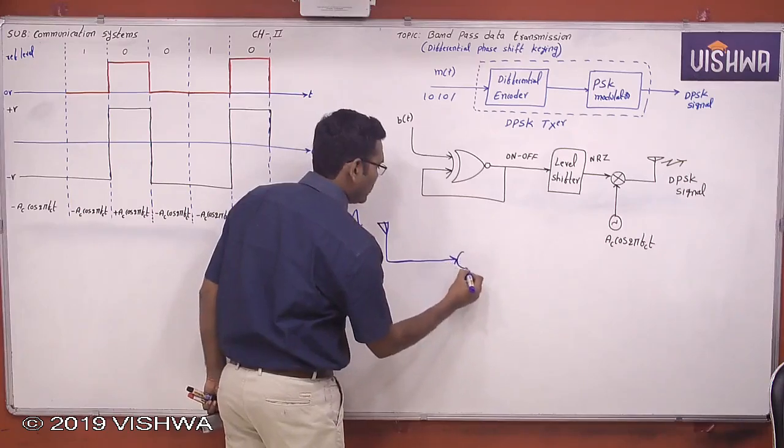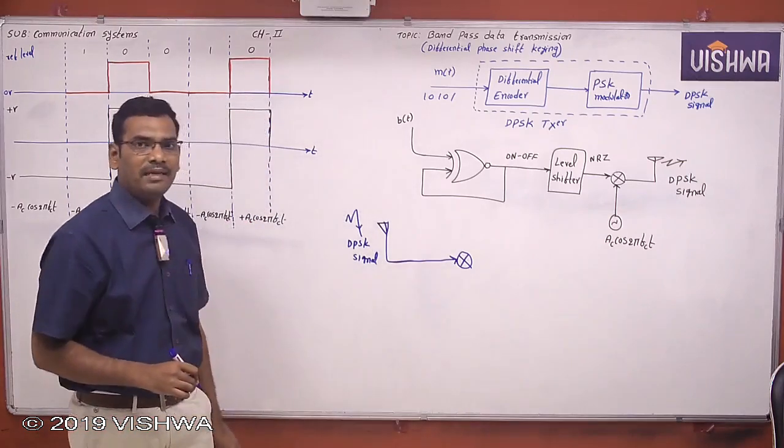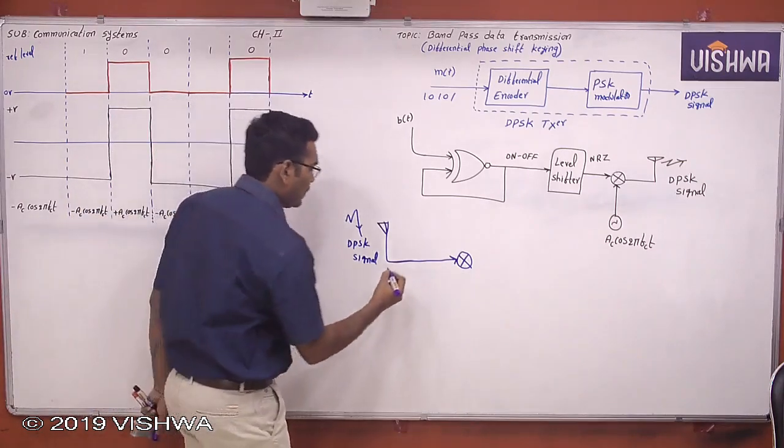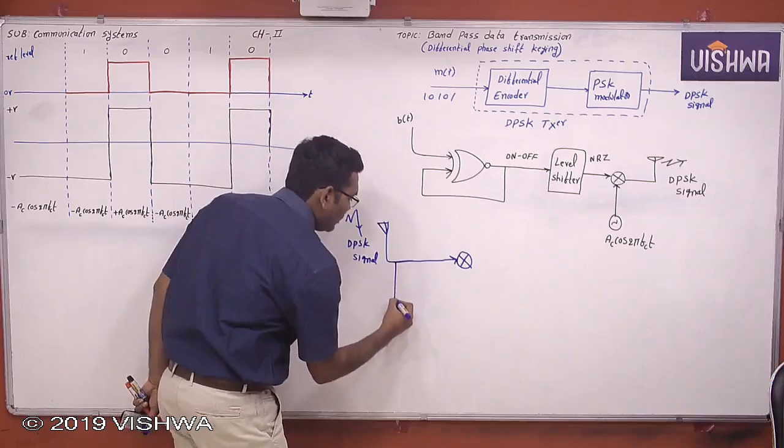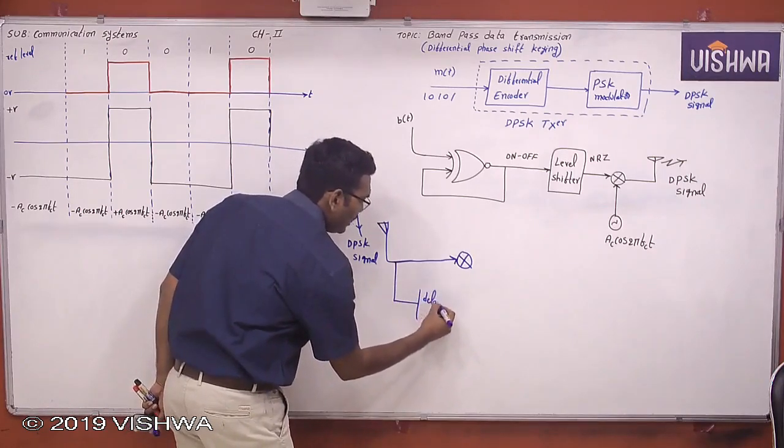So again, I use the same multiplier, but the input to the multiplier is directly the DPSK signal. Another input to the multiplier is the same DPSK signal, but passing through a delay line.